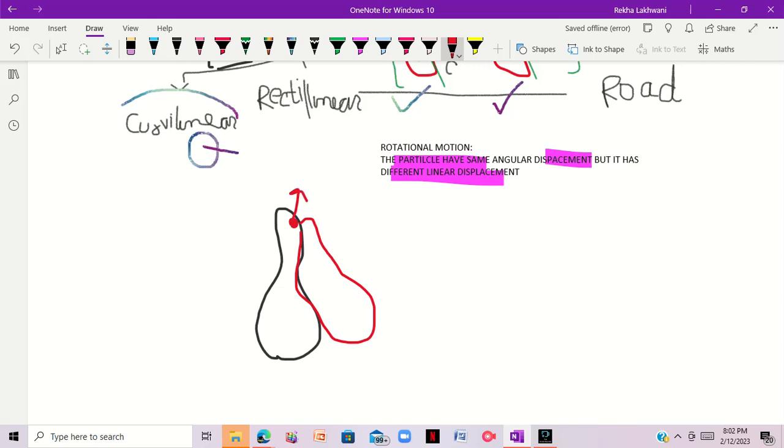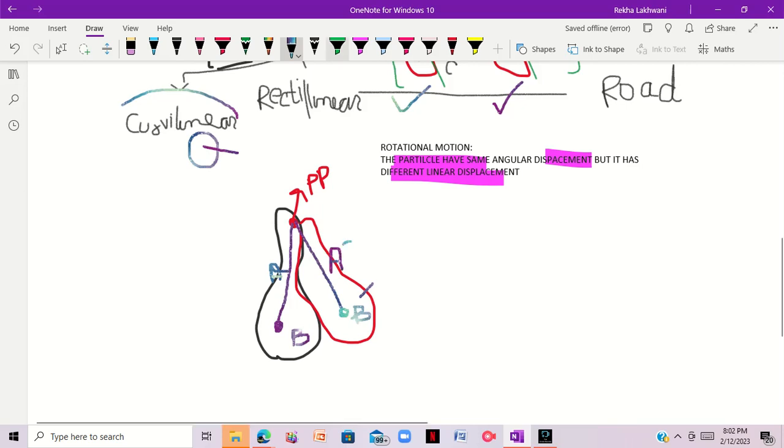So I'm writing P over here. This is the pivot point, right? From here we have a point which is point B. Now it has rotated, and here we have point B dash, right? And over here we have point A, and here we have A dash, and it has covered an angle, right? The angle is basically the angular displacement, right?